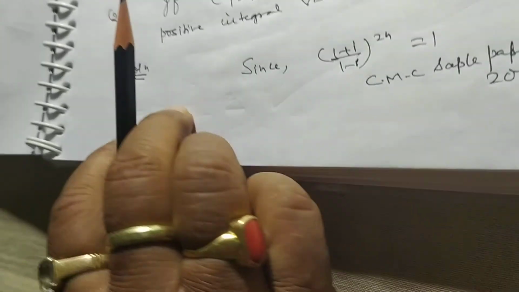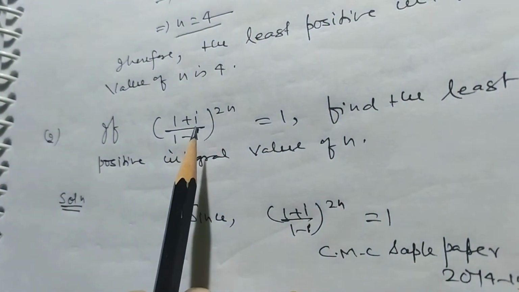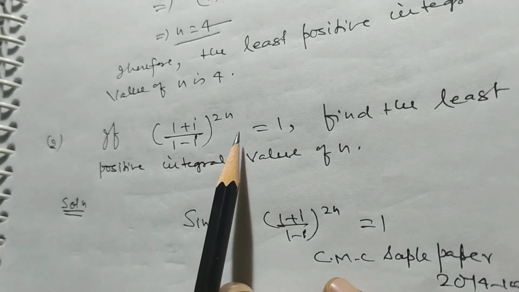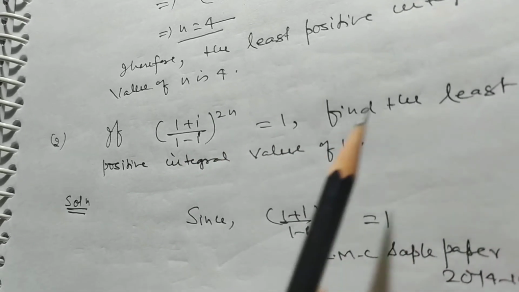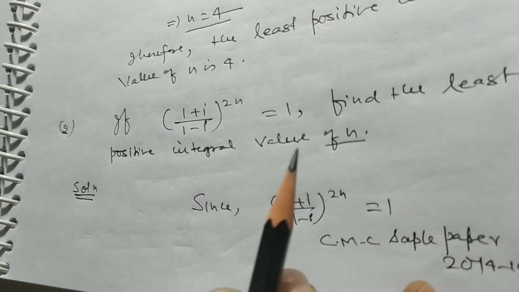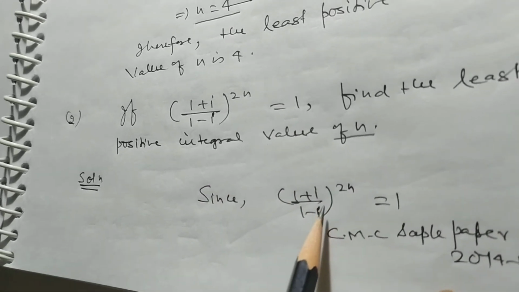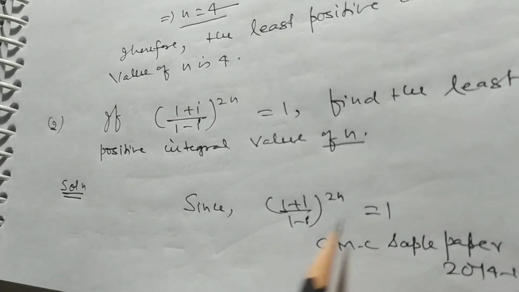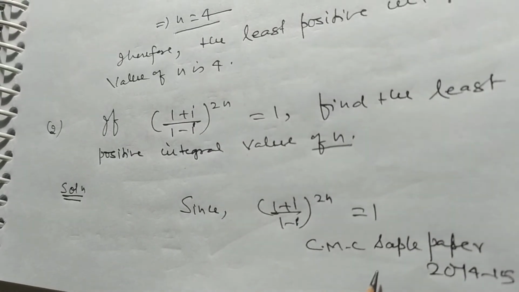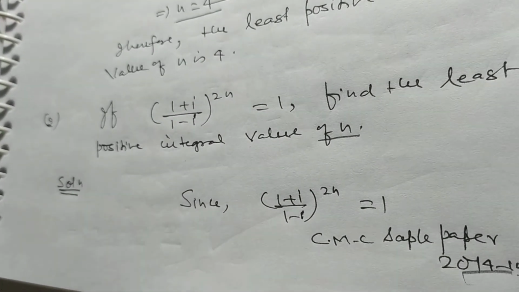Now second problem. If (1 plus i divided by 1 minus i) to the power 2n is equal to 1, find the least positive integral value of n. And this problem is from CMC sample paper 2014-15.